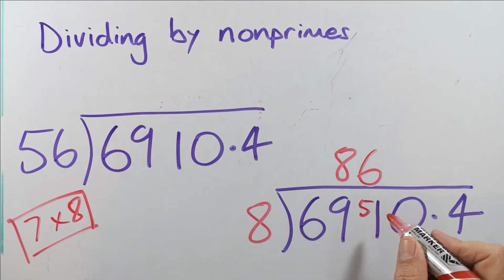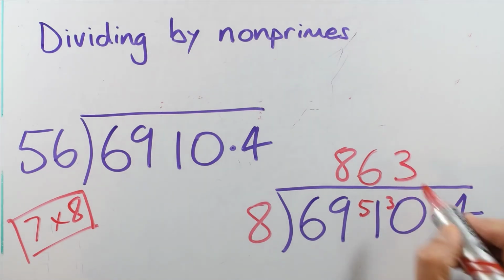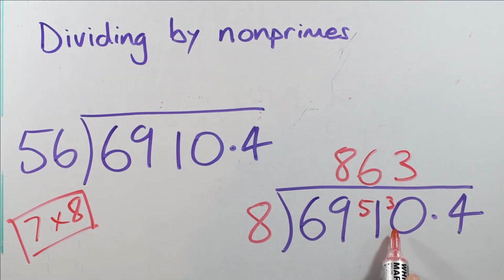Then from 48 to 51 is just 3. Doesn't quite make 32, which would be a neat 3 times. So the next one under that, of course, is 24, which is 3 times. 24 to 30 is 6.